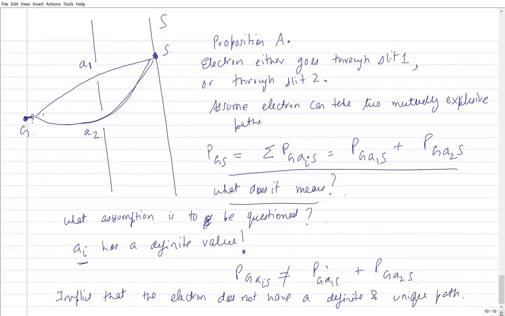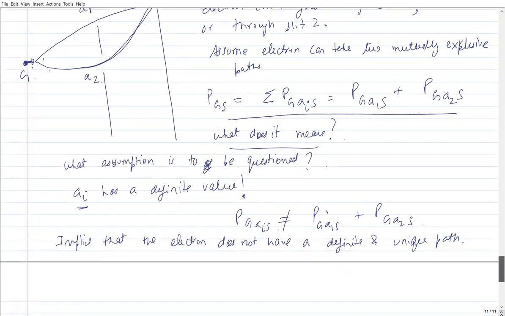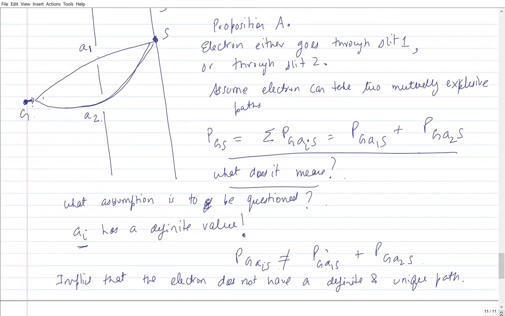So this is something very subtle. It is not that I do not know the value of A1 or A2. If there exists any A1 and A2, then I have no other alternative but to add these two alternatives.